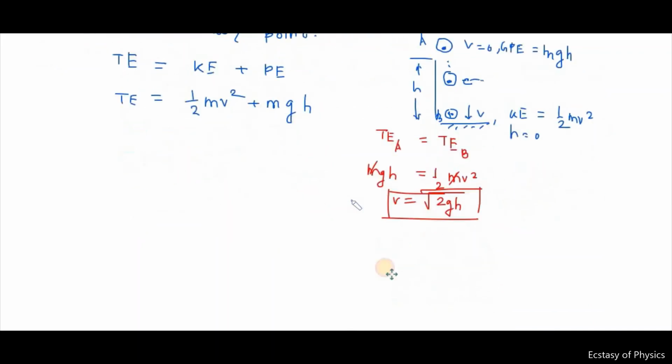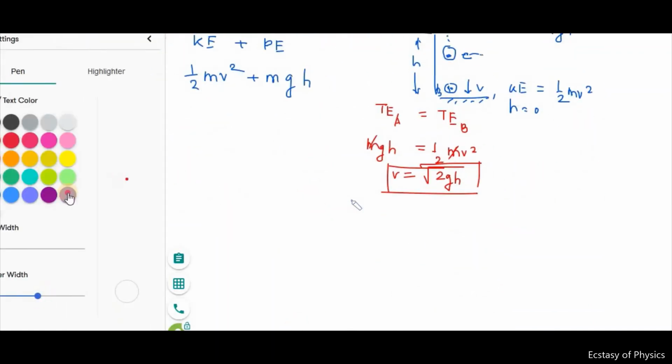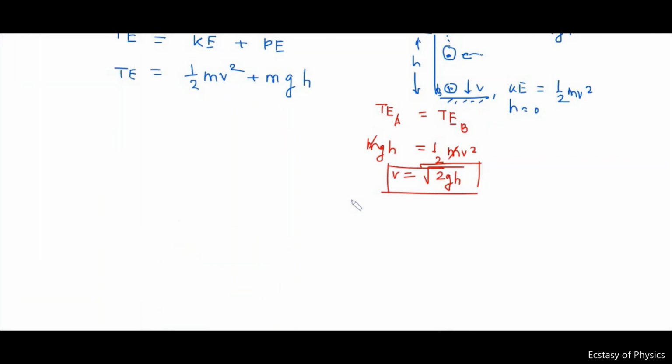Similarly we can consider, let's say, there is a frictionless track and one spring is attached, which is represented here. One end of the spring is fixed to a surface and the other end is free. Now one object is moving with a particular velocity v.